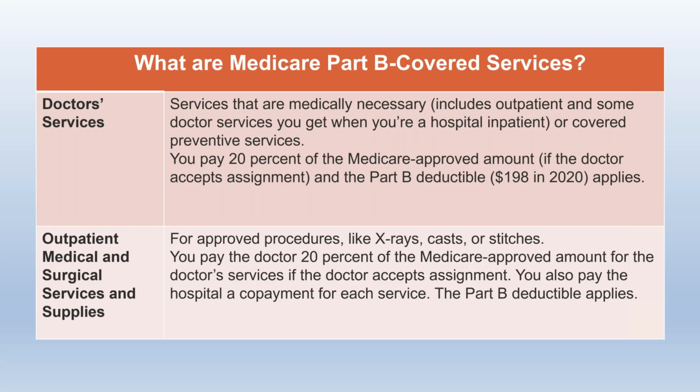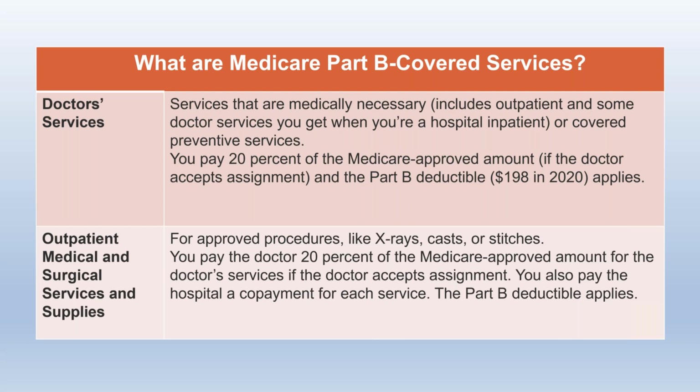Now we're going to talk about what are the Medicare Part B covered services. Medicare Part B covers a variety of medically necessary outpatient services and supplies. Certain requirements must be met. Doctor's services. Medicare covers medically necessary doctor services, including outpatient and some doctor services you get when you're a hospital inpatient, and covered preventative services.